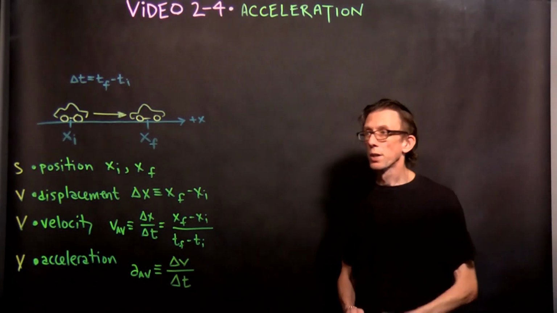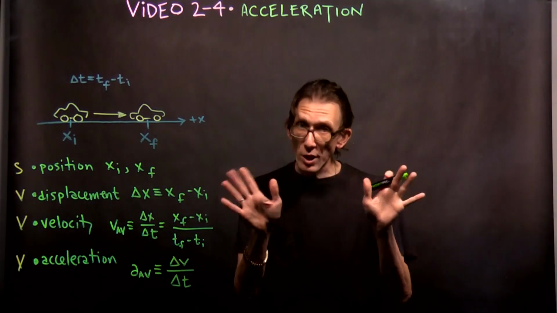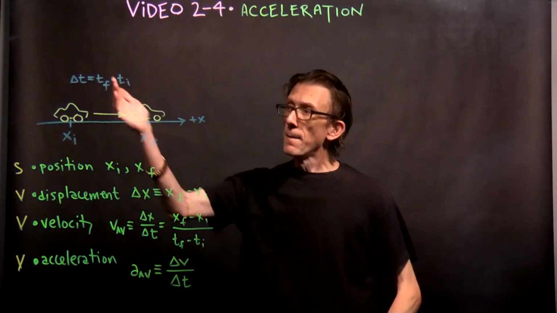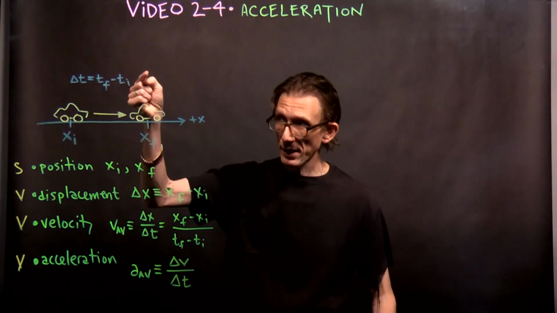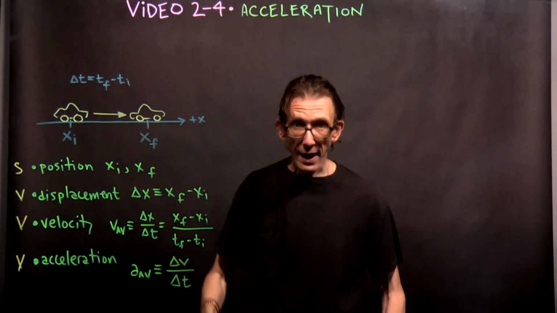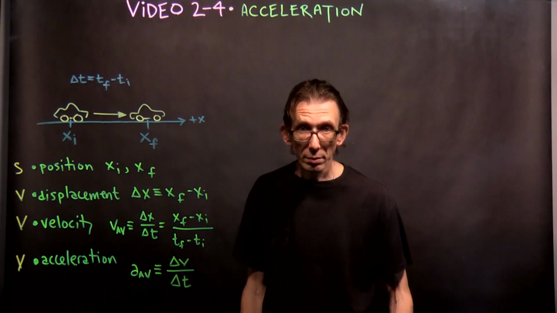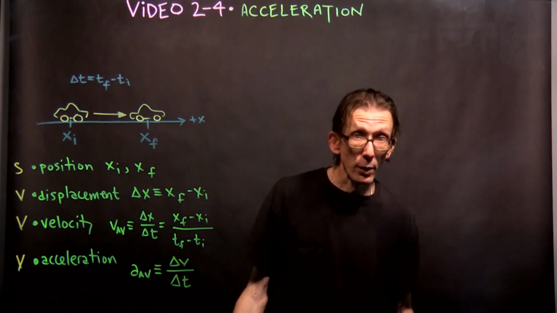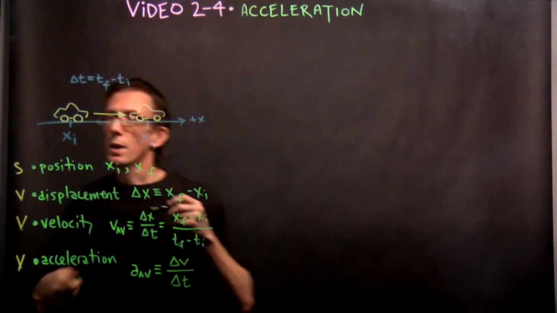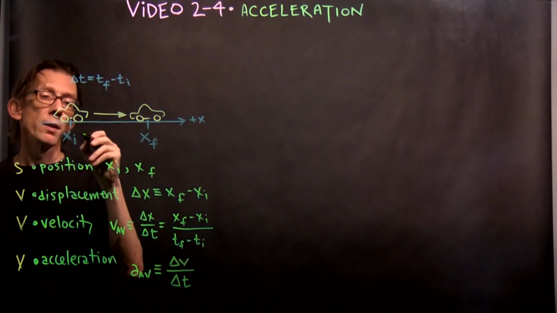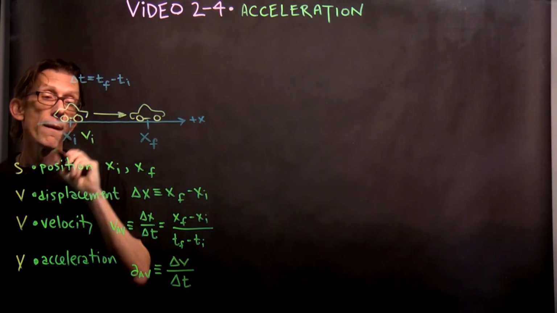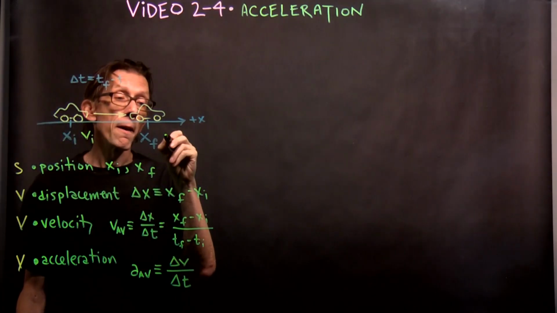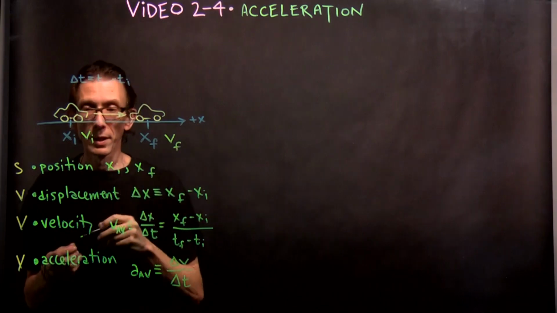In other words, there's no reason to assume, and we've said nothing about it, that the velocity of the car at point xi is the same as the velocity of the car at xf. Maybe it's speeding up. Maybe it's slowing down. Who can say? My point here is that there's not only a location initially, but there's an initial velocity, and there is a final velocity.